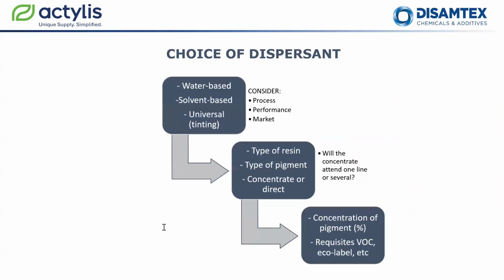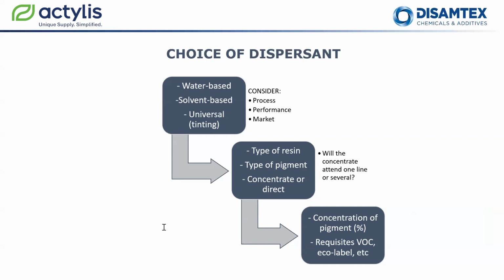You may wonder how to select the right dispersant for your case. So here are the key decision factors when choosing a dispersant. The first step is defining the system type, whether water-based, solvent-based, or universal. Next, the resin and pigment type, as well as whether the formulation is a concentrate or a direct grind.